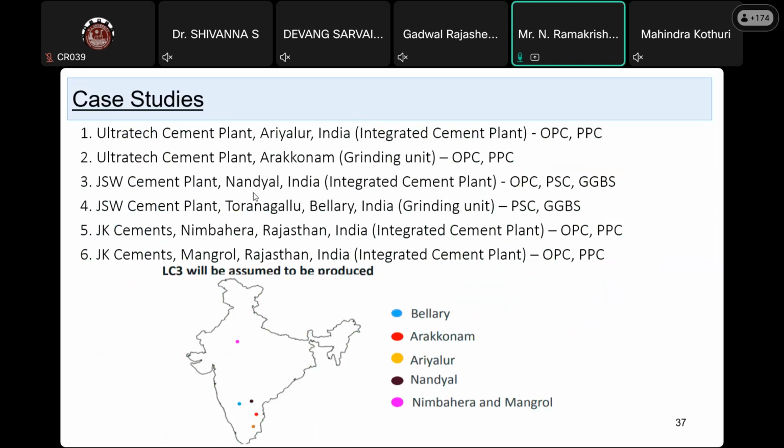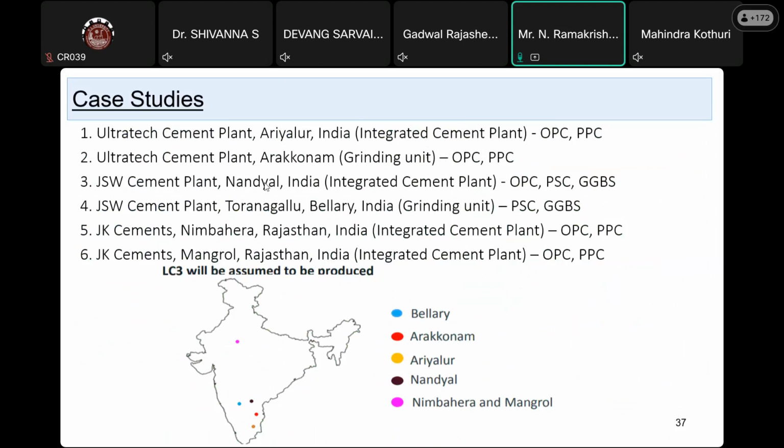In JSW, nowadays they are completely replacing cement with GGBS. A lot of papers have gone through. JSW cement plants are using especially GGBS. They have done a lot of road work, some shopping malls, and even dams, and we are getting a lot of information from them.